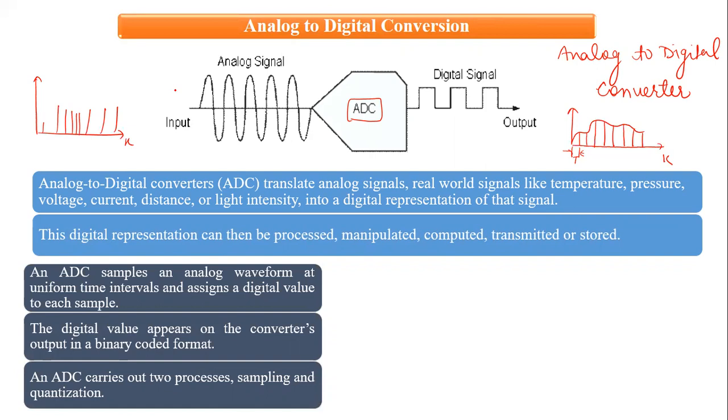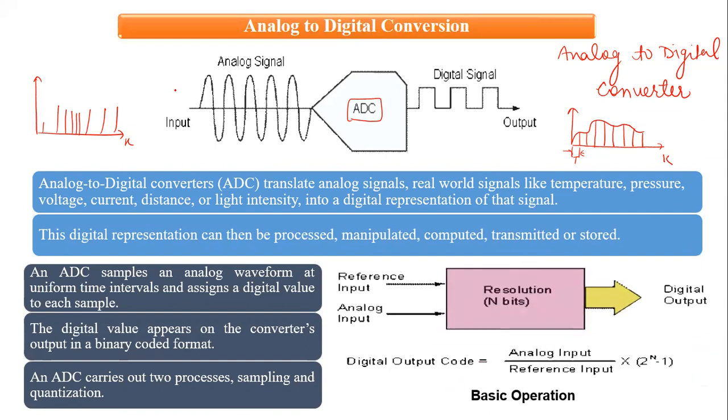Sampling is the process of acquiring data from the analog signal at specific time points or instants, so that the data at a specific instant becomes a sample. In this way we may have a number of samples of an analog signal. Similarly, it quantizes the samples. What quantization is, we will see in the next slide.